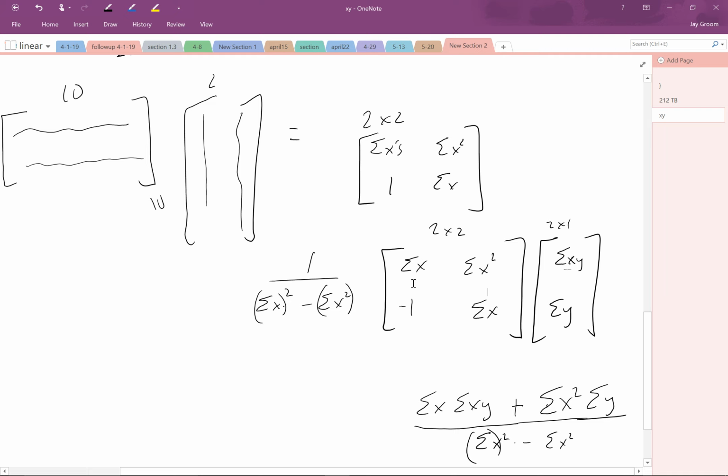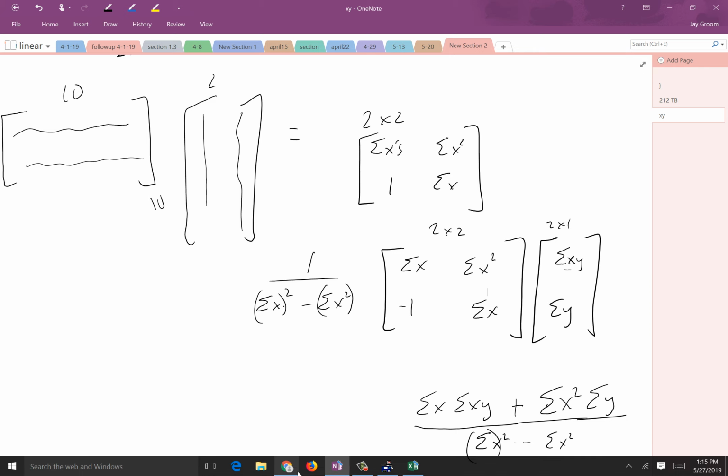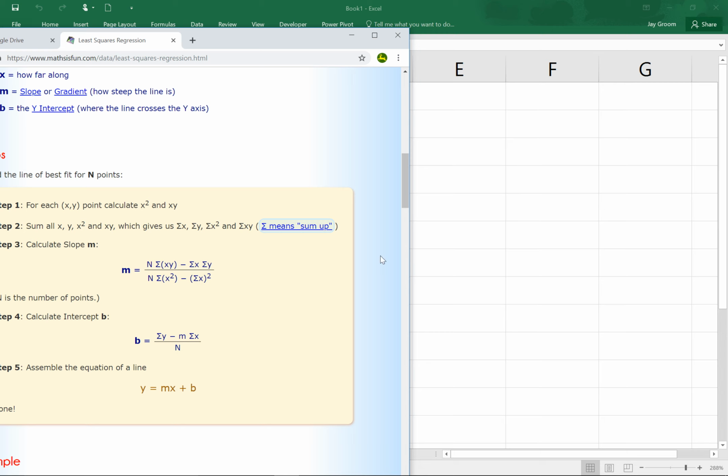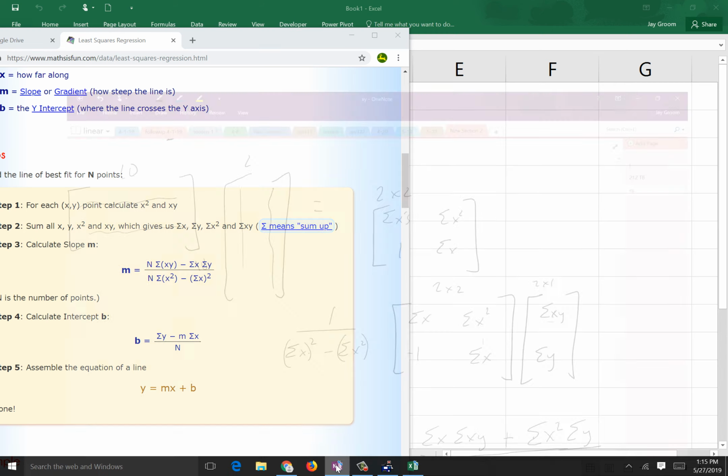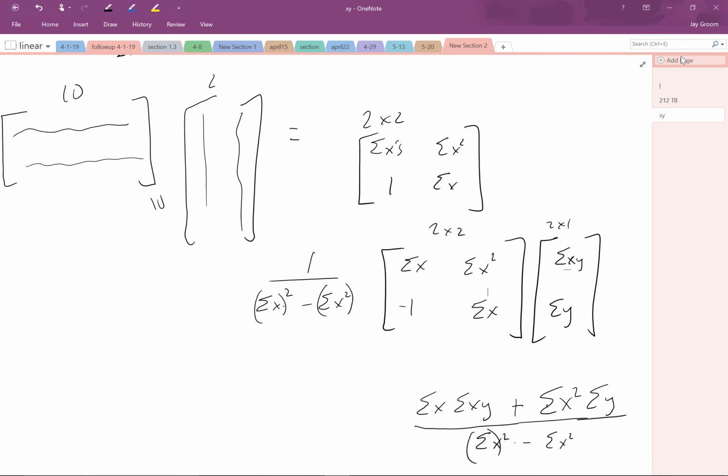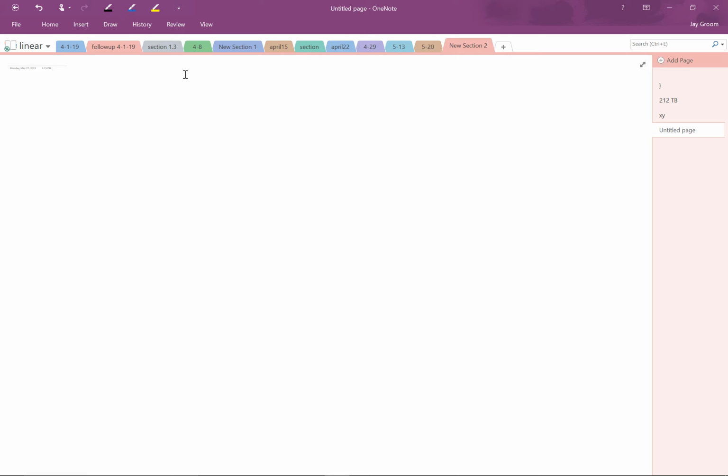So if you'll notice that I have the sum of the x's divided by this thing, the sum of the x squareds divided by this thing, and so on and so on. Right. And so I'd like to talk a little bit about the covariance matrix, but we'll do that, I guess, in a little bit. So what if I had another one where I wanted to do not a linear regression, but a quadratic regression.